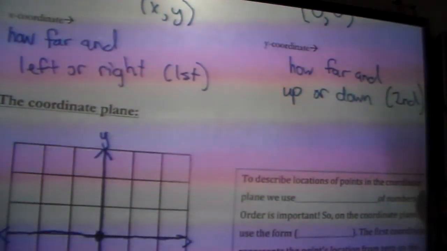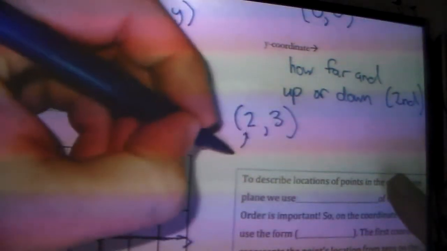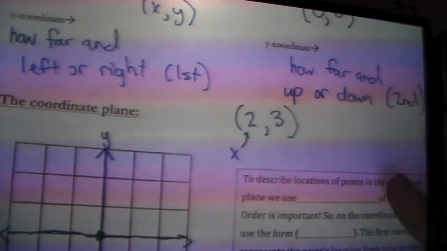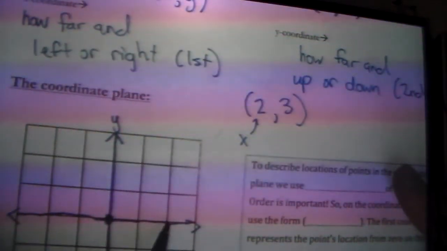So let's take a point here, for example. We have the point, let's say, 2, 3. So the first coordinate, the 2, this is my x, and it's positive. So does that tell me to go left or does that tell me to go right? Well, it's positive, so I should go 2 to the right. 1, 2.